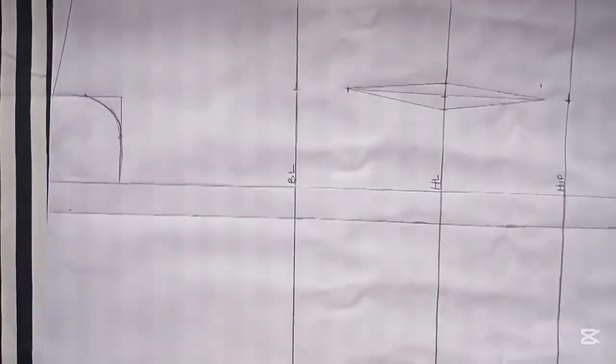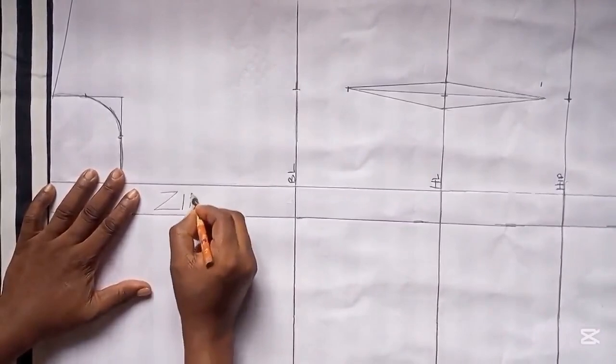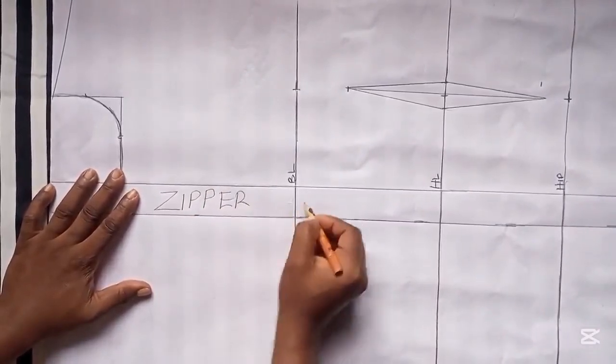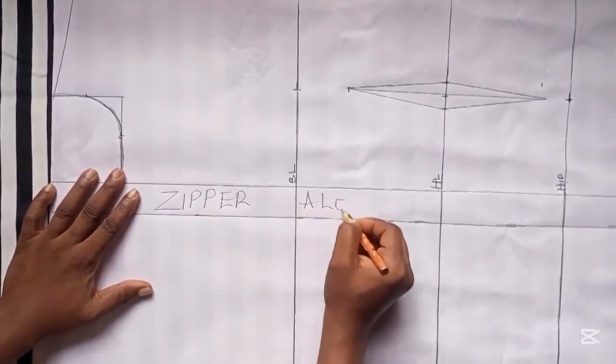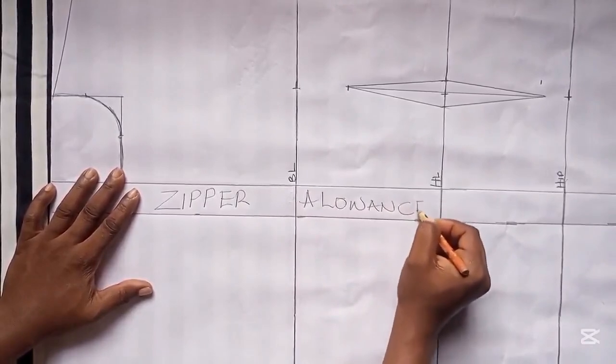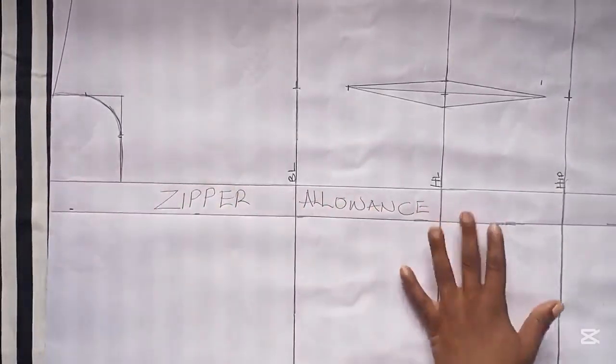And then I have here the zipper allowance, so I'm just going to go ahead and mark here my zip allowance. All right, so this is our zipper allowance right here.